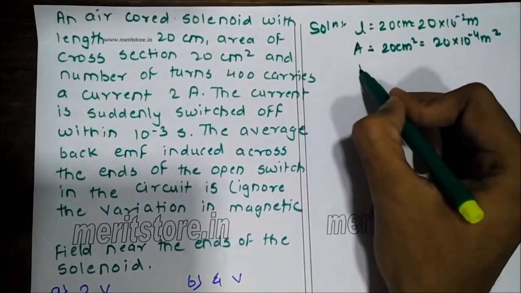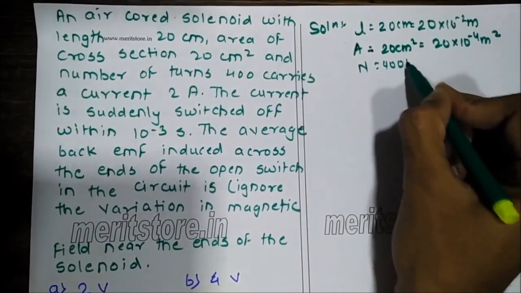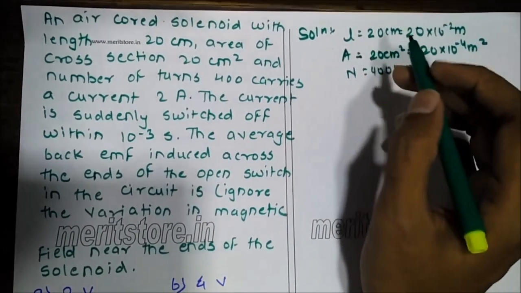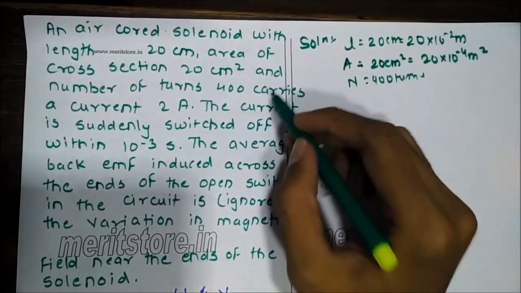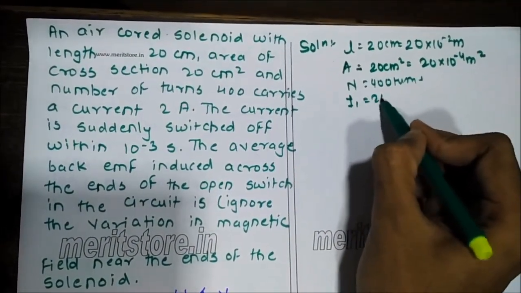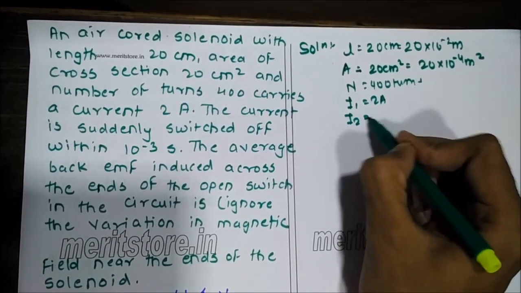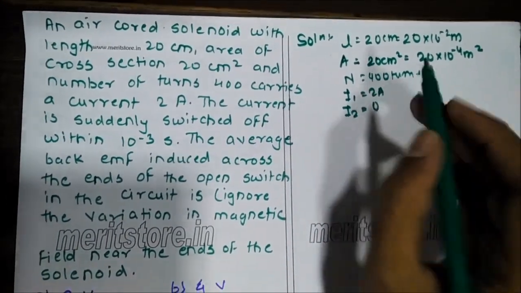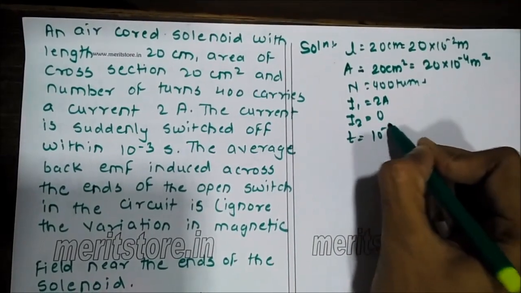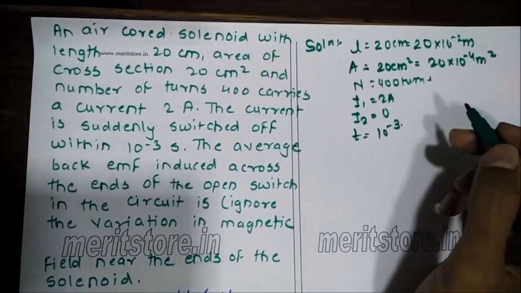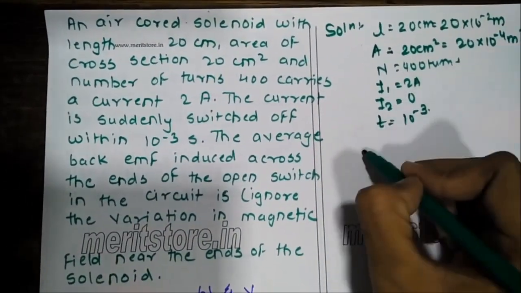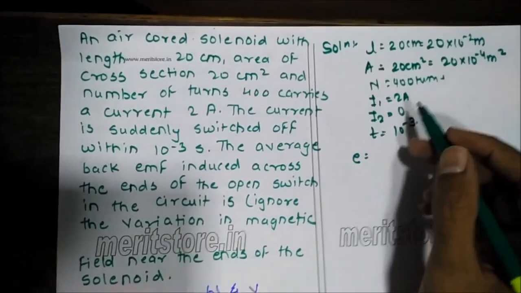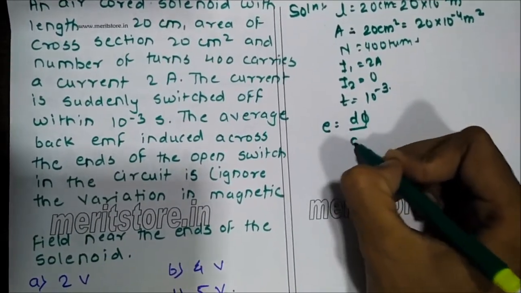Next we have the number of turns N, that is 400 turns. Okay, next we have the current. There are two currents. Firstly the current I1 is 2 amps, and then the current suddenly goes to I2, that is 0. It has been switched off within a time t, that is about 10 raised to minus 3 seconds. So we need to find the induced EMF. The induced EMF E is the change in the flux upon the time.